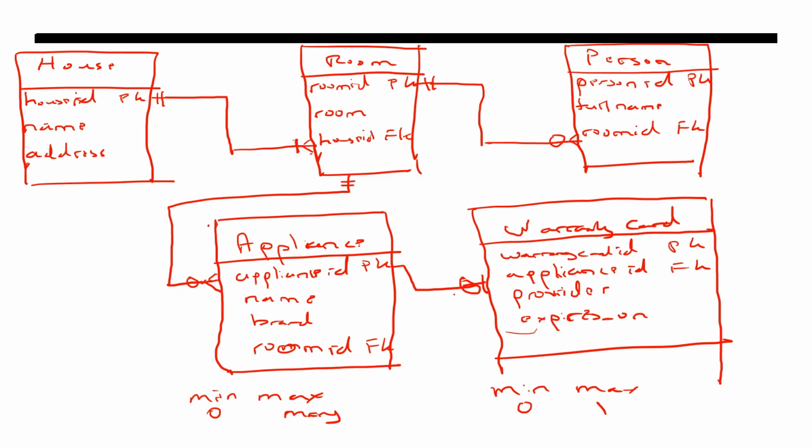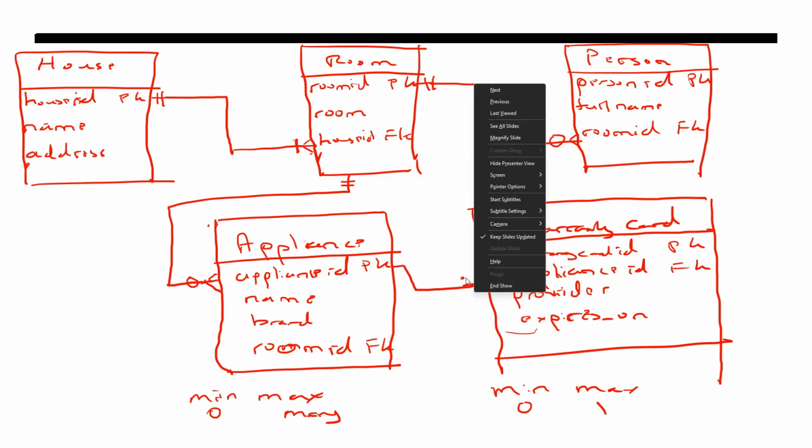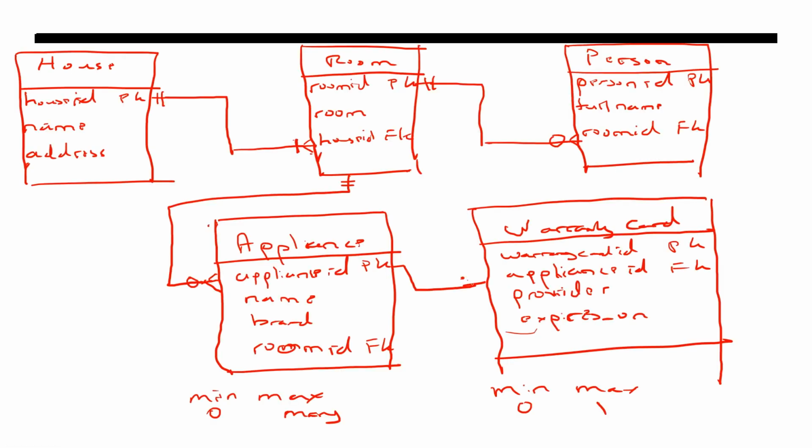I will just draw this a little bit better here. So the cardinality is going to be 0, 1 here. Because you have a possibility of having no warranty for an appliance, and you have a maximum of one warranty card for an appliance, that's normally how it is.